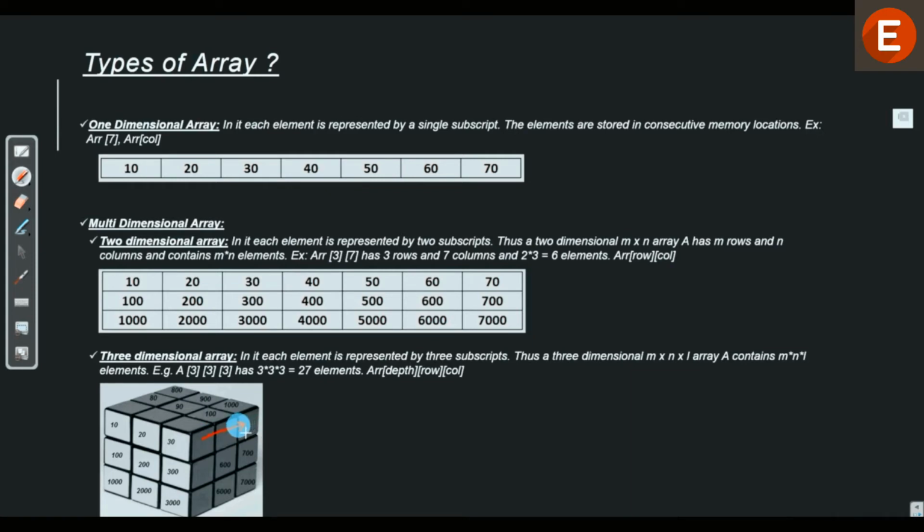So imagine a three dimensional array to be multiple two dimensional arrays. If we glue all these two dimensional arrays to form one single array, then that will be a three dimensional array. As you can see in this diagram, this area over here is nothing but a two dimensional array, which is exactly the same as this array over here.